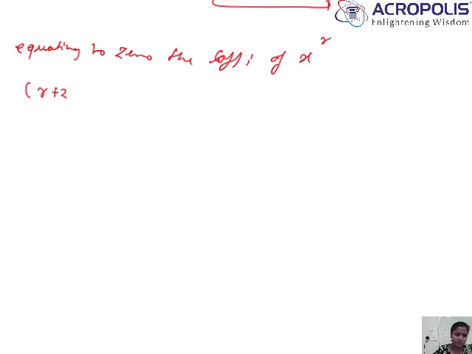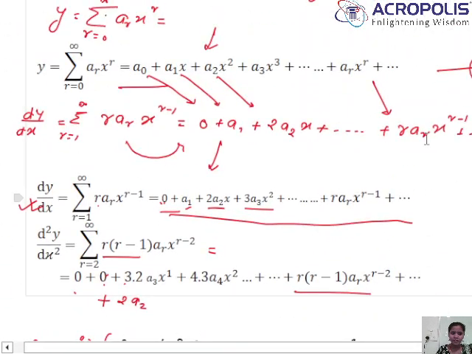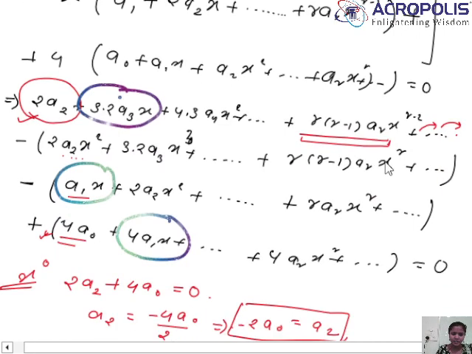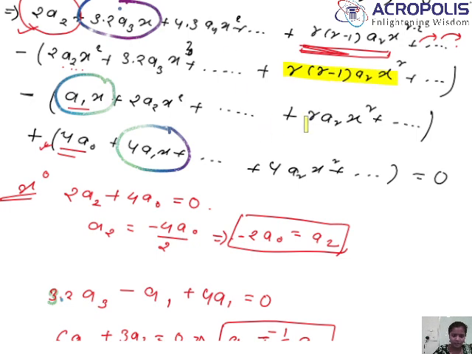You can write this r plus 2 r plus 1 ar plus 2. When you find the next two terms, you get x to the power r. Then in the second term, this is containing x to the power r, this is containing x to the power r, and this containing x to the power r.